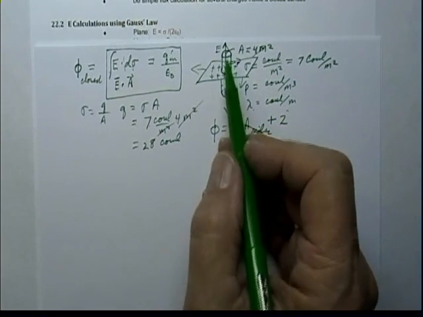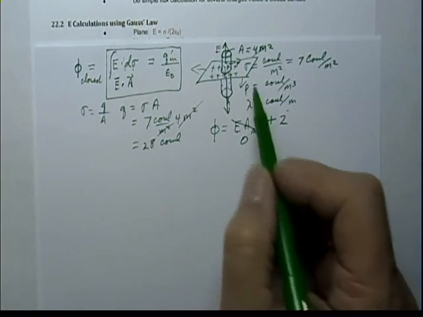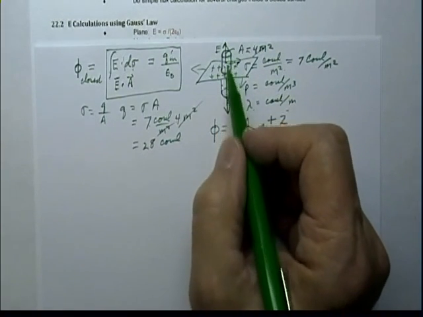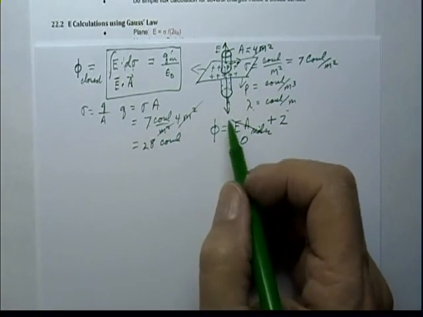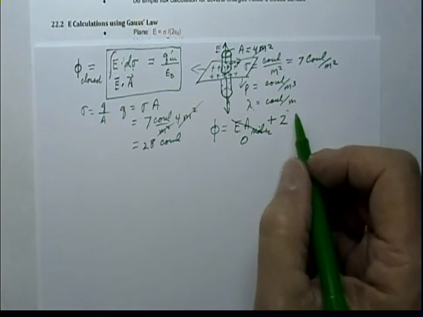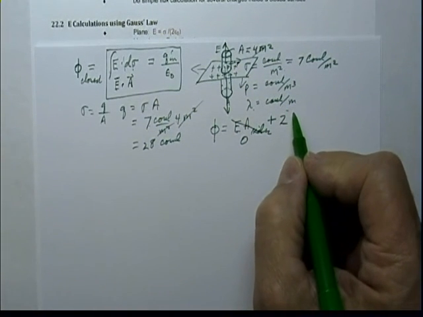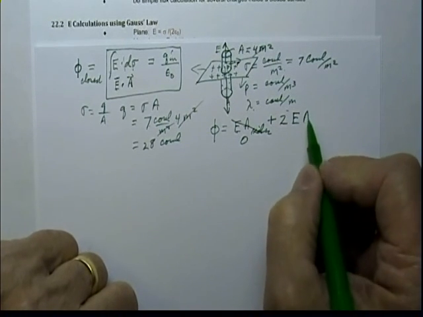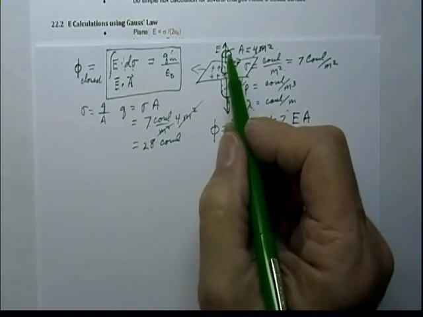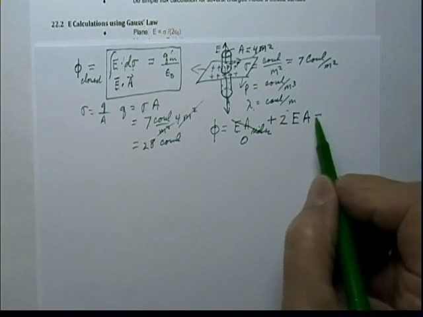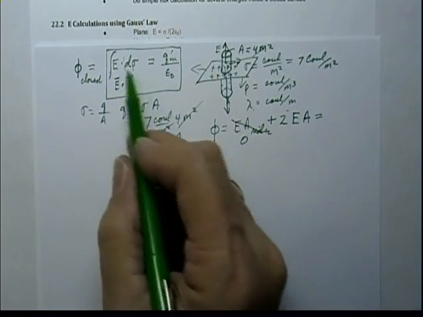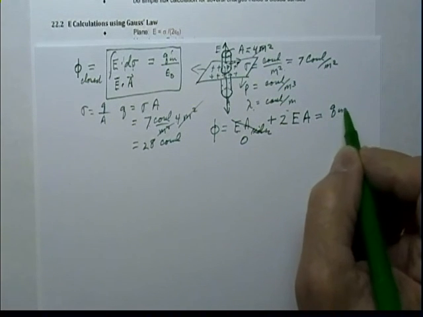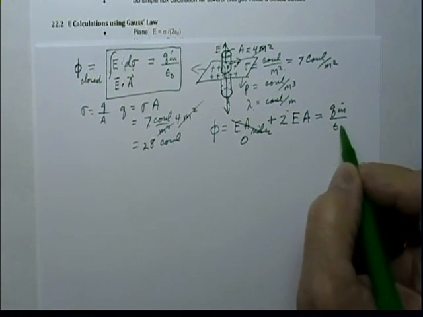And what is the electric field that goes out through the ends? Well, this electric field is constant this whole distance. We don't know what it is at this point, but the flux is twice the electric field times the area of the end, and it's going to be equal to the charge inside over epsilon naught.